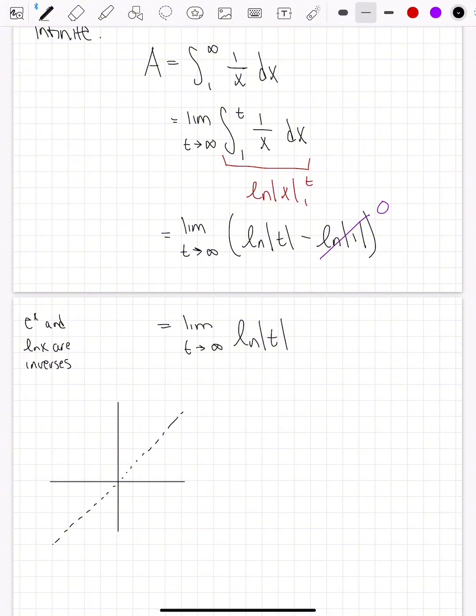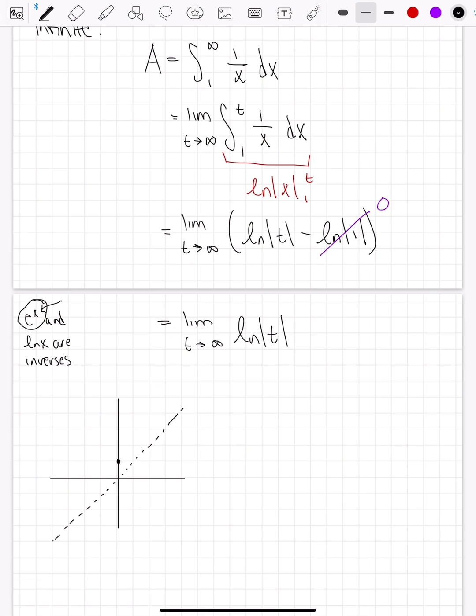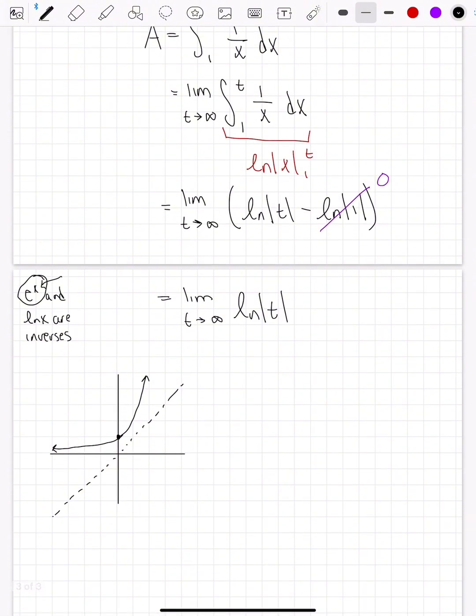Sometimes I forget what ln of x looks like, if I'm being honest, but I can always graph e to the x pretty easily because if I plug in 0, that's going to give me 1. If I plug in positive numbers, it's going to get bigger. And if I plug in negative numbers, that's going to send it to the denominator because it's a negative exponent, so it's going to make it smaller. But it's never going to be negative because the base e is positive. So then I know my ln function looks like this.